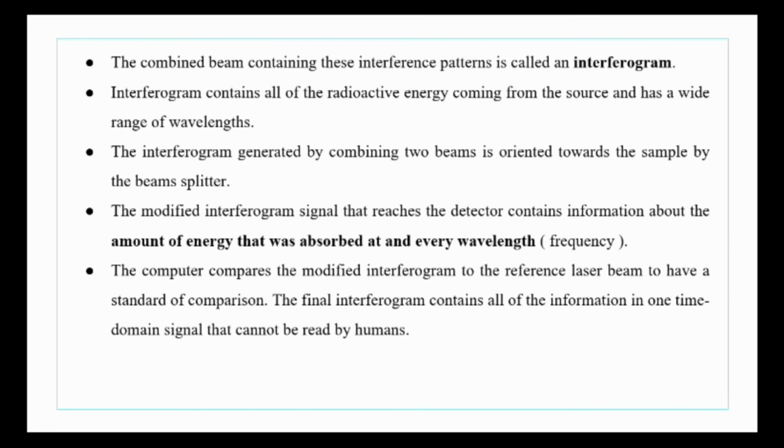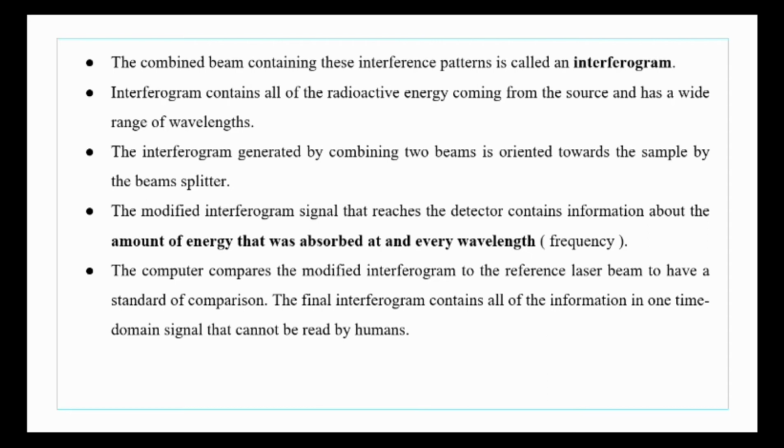The interferogram contains all the radiant energy coming from the source and has a wide range of wavelengths. The interferogram generated by combining two beams is directed towards the sample by the beam splitter. The modified interferogram signal that reaches the detector contains information about the amount of energy that was absorbed at each and every wavelength or frequency.